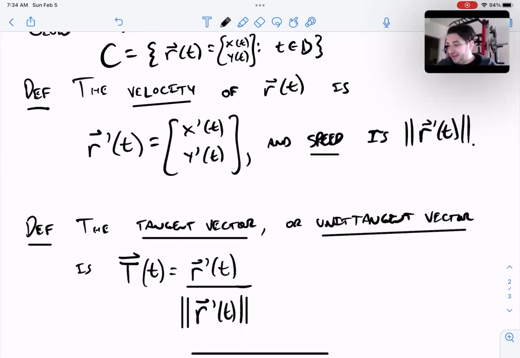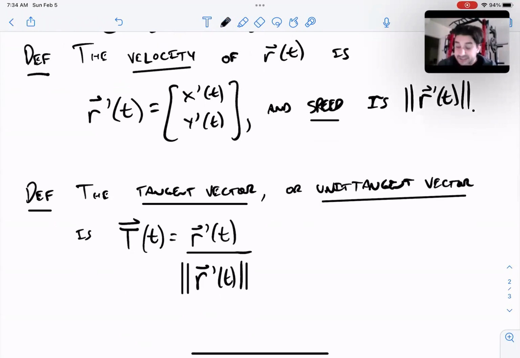So you may have seen these ideas in, say, even just one dimensional motion, say in a physics course. Say you're talking about the velocity of a car moving back and forth along a road. The velocity of the car could be positive 10 miles an hour or negative 10 miles an hour. But if you say what's the speed of the car, in either case, you would just say 10 miles an hour.